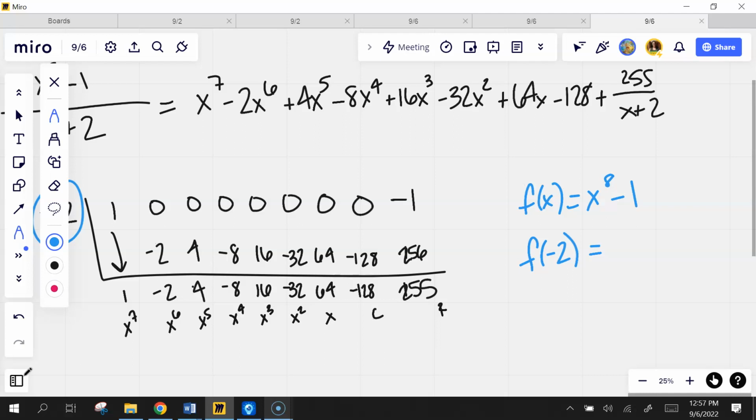But not. Look, 2, 4, 8, 16, 32, 64. It's 256 minus 1.